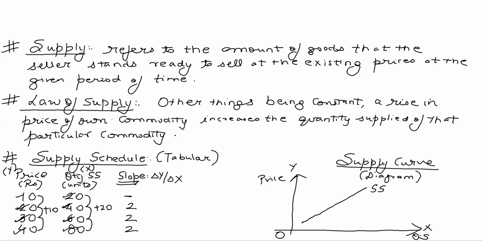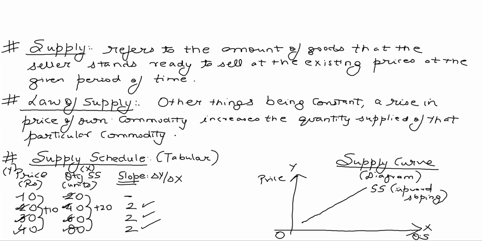So please do not be under the impression that the supply curve will always be linear. It will always be upward sloping because of the law of supply, but it may not be linear. I have drawn a linear curve because the supply schedule which I have chosen has a constant slope, which is 2 in every case. So you can clearly see that the supply curve is upward sloping. As price goes up, producers are willing to supply more quantity of that particular commodity.